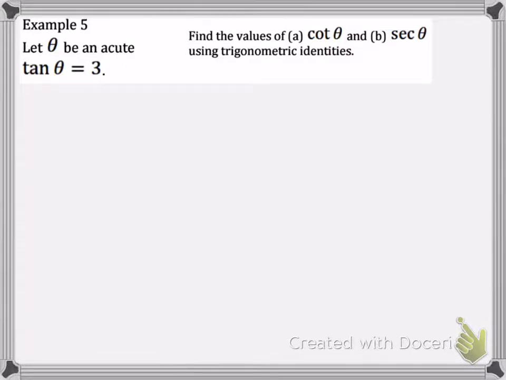Example 5, let theta be an acute angle, and I know that the tangent of theta is equal to 3. I need to find the cotangent and the secant. Well, first off, the cotangent of theta is equal to 1 over the tangent of theta, so that's going to equal 1 over 3.